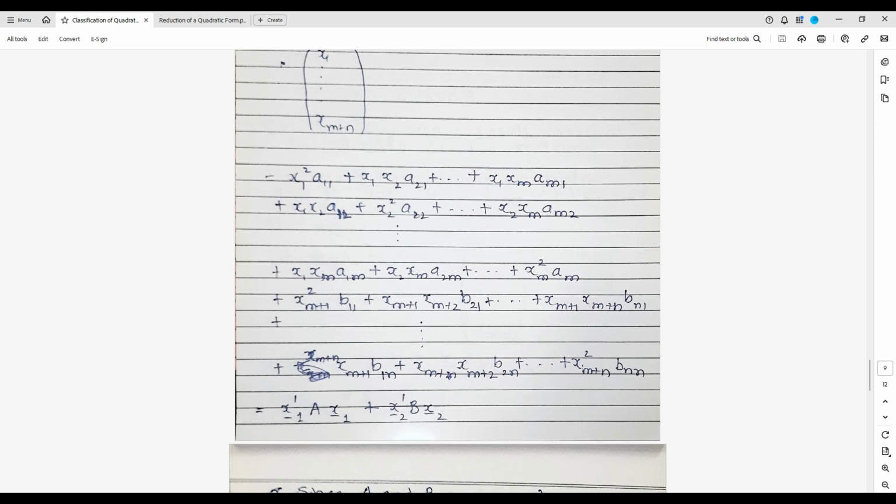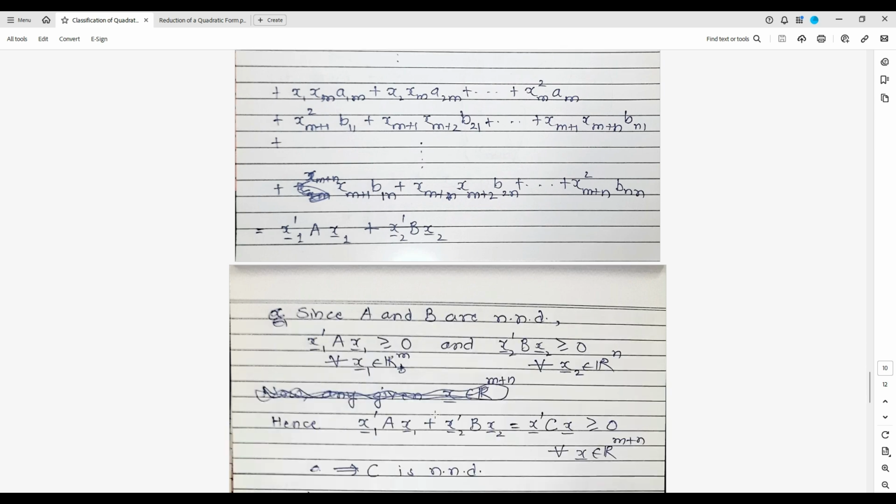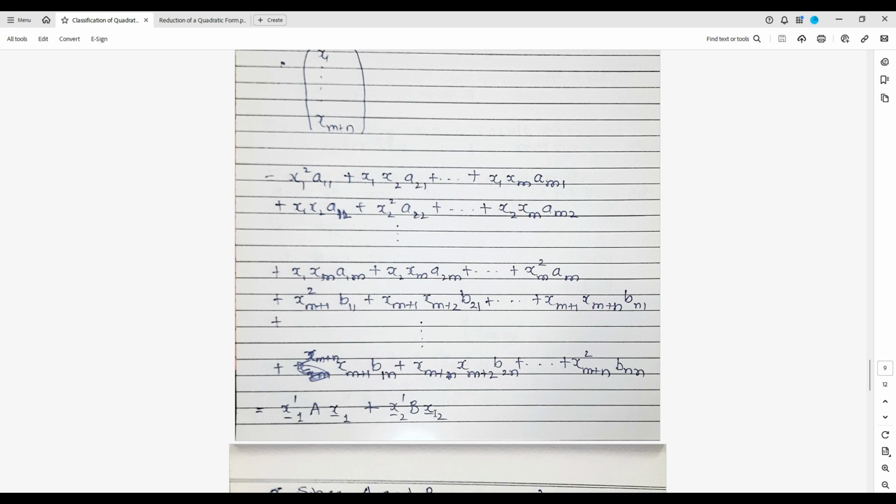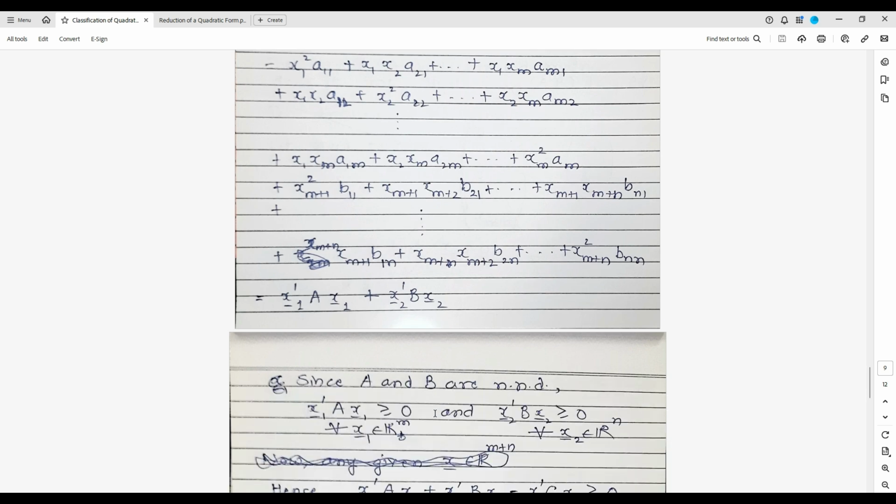So notice that this entire stuff, starting from the first term to the mth term, can be treated as a quadratic form x1 prime A x1, and the addition of the remaining n terms can be treated as a quadratic form x2 prime B x2, where x1 is a vector of m dimensions and x2 is a vector of n dimensions.